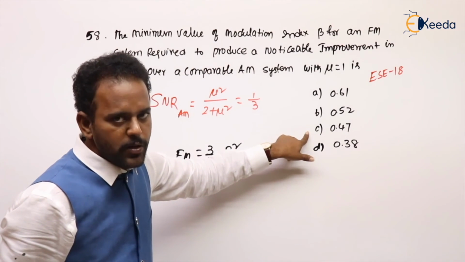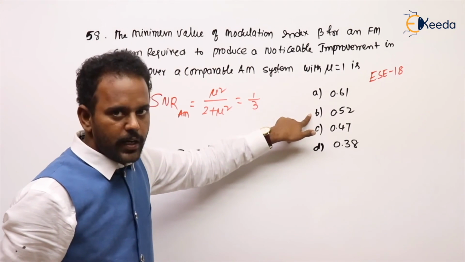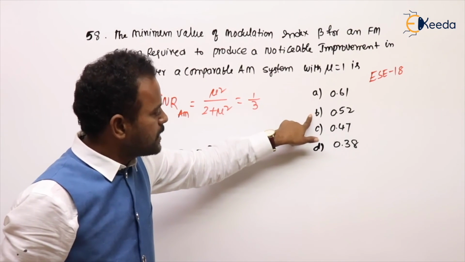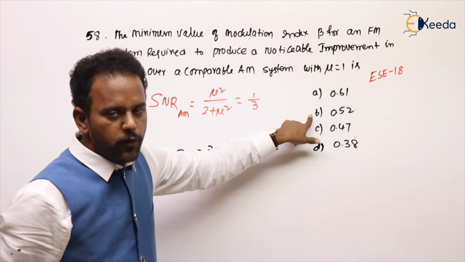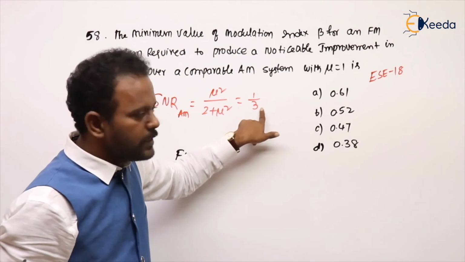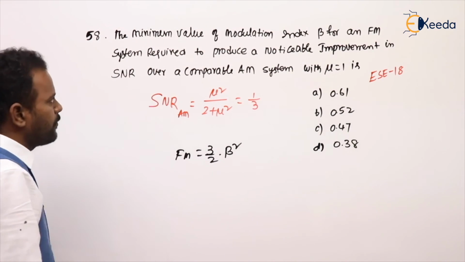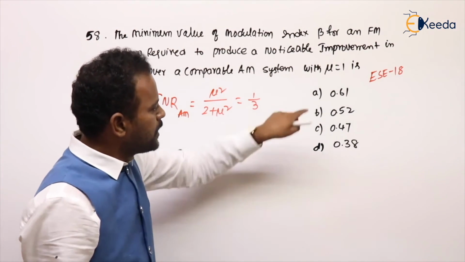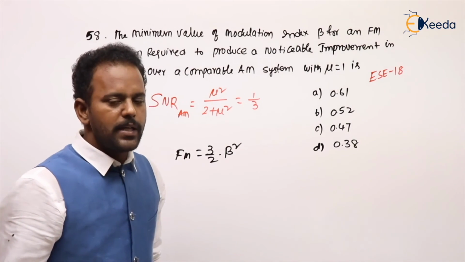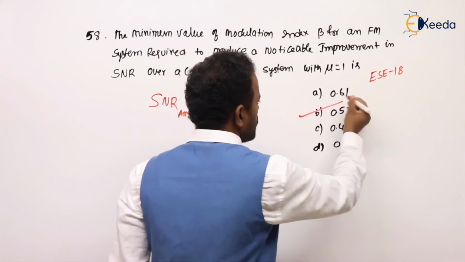You will also get approximately 0.33, almost the same. So not a noticeable improvement. Next take option B, 0.52. Then you will get 0.4. So more than this 0.33, some improvement is there. He is asking about the minimum value itself. Anyhow, if I take option A, I will still get more. But the minimum value is asked for the improvement, so option B.